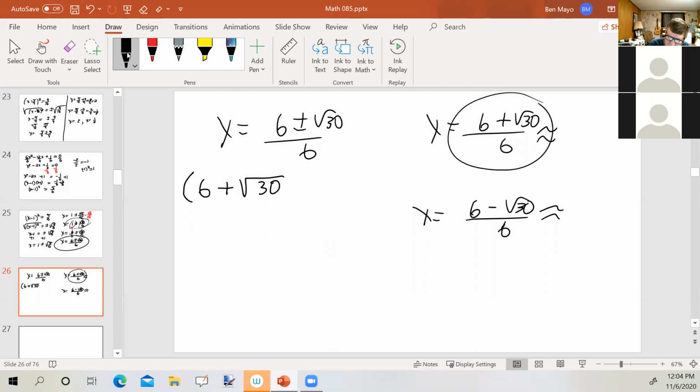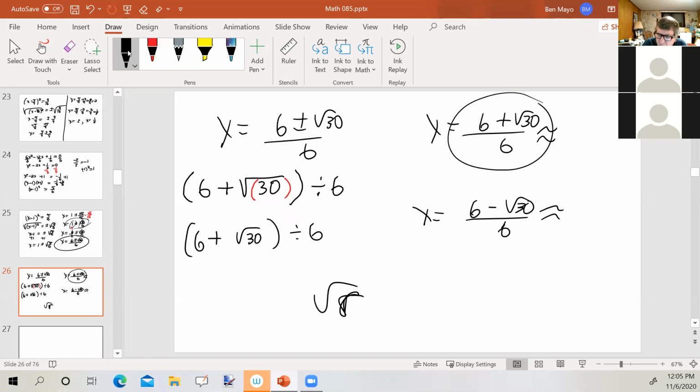Now, if your calculator gives you a left-hand parenthesis when you put in the radical, you also have to put in a right-hand parenthesis and then close up the entire numerator. If it just gives it to you like that, then you would just have that one set of parentheses. But if when you push your square root button it gives you a left-hand parenthesis, you've got to close that up, but also close up the entire numerator.